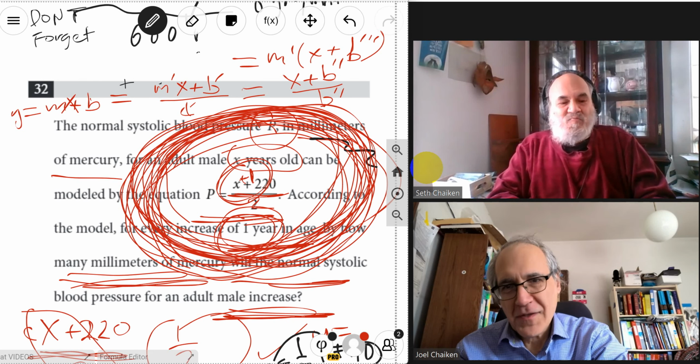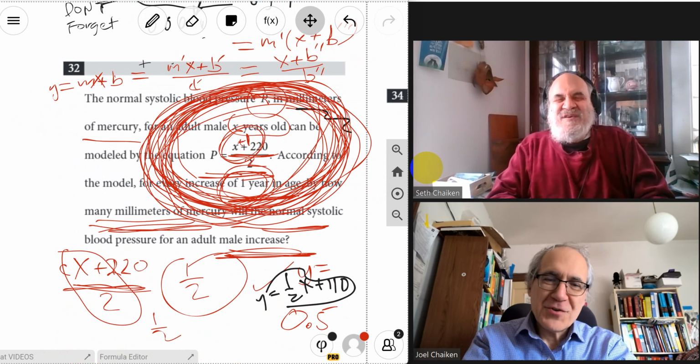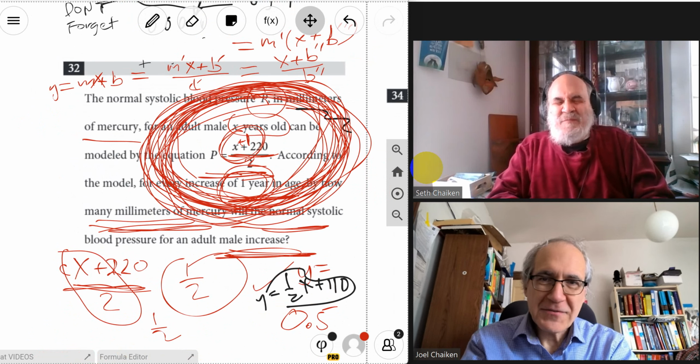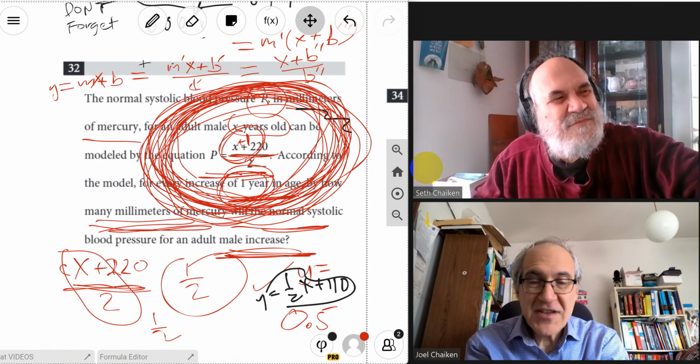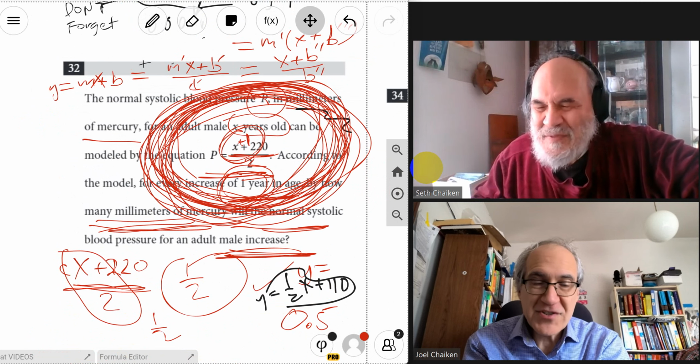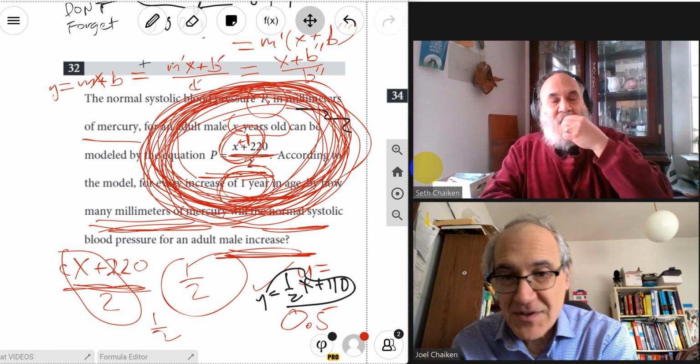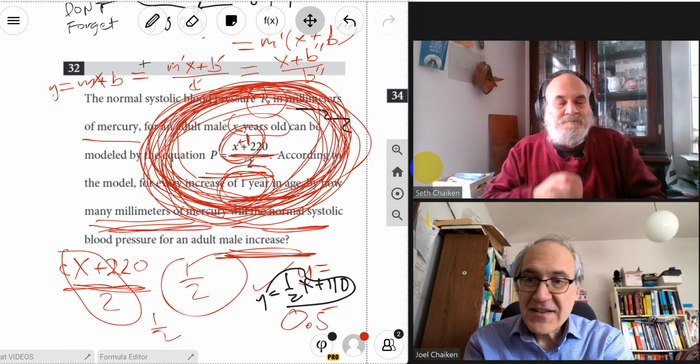We haven't done the surveys. We have no idea, we're pulling guesses out of the air about what most people do. Which is good, because it's good to offer different approaches. It really is good to offer different approaches to the same problem. As you can see, these problems can be done different ways.